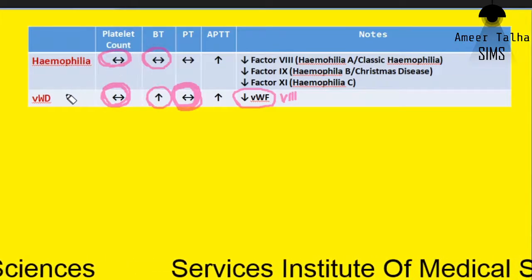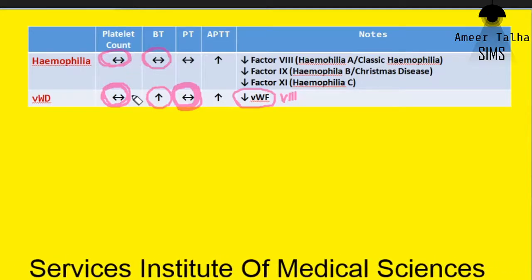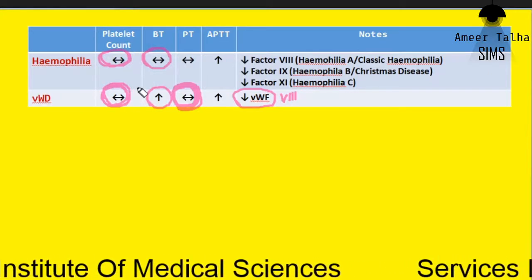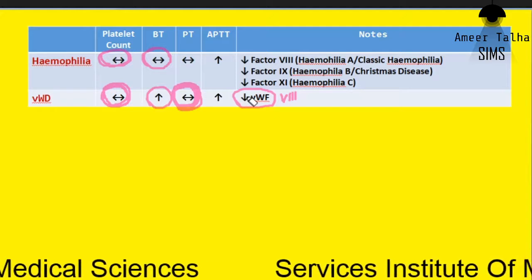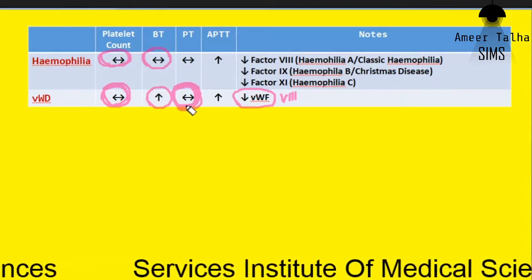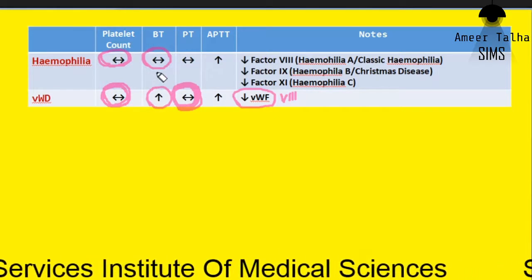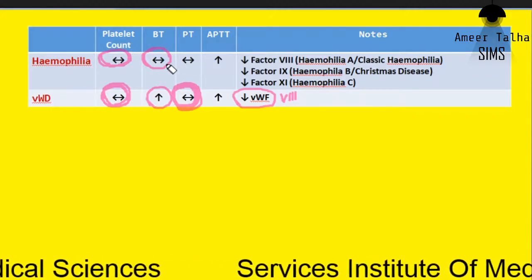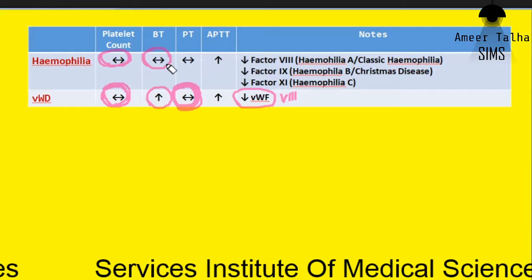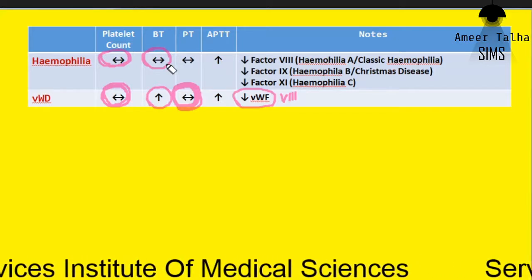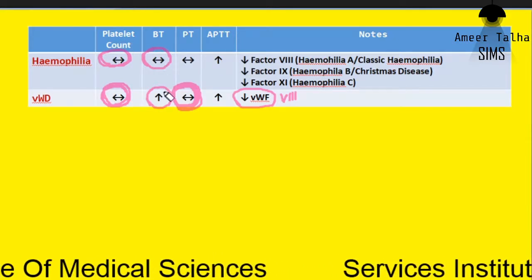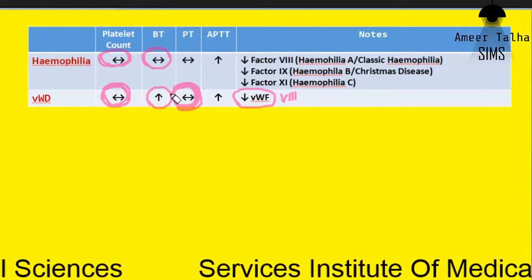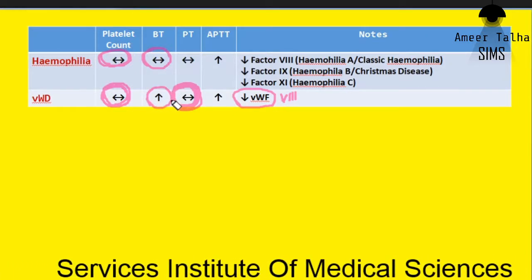However, in VWD, although the platelet counts are normal, the platelet adhesion is impaired due to deficiency of VWF. So you are right in a way. In hemophilia A, normal platelet adhesion is there. However, in VWD, there is impaired platelet adhesion.